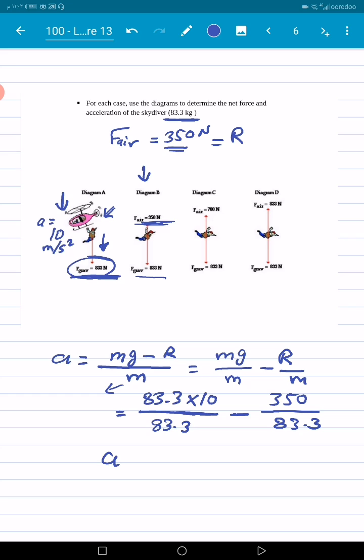So the acceleration is equal to 5.8 meter per second square. I explain it in Arabic. The F air اللي هو قوة الهواء هي نفسها قوة السحب.